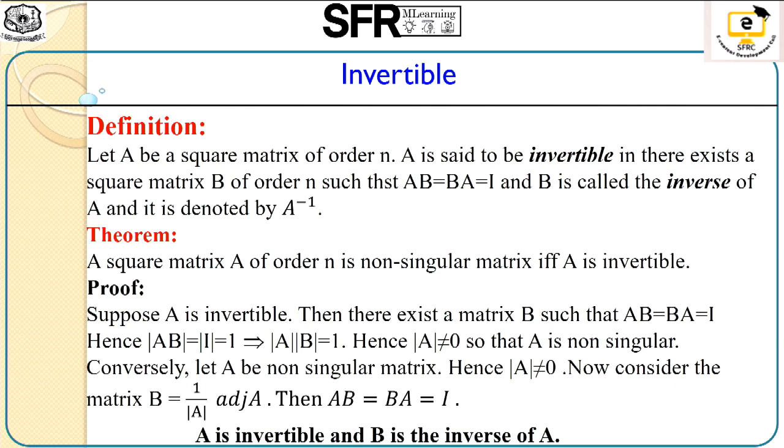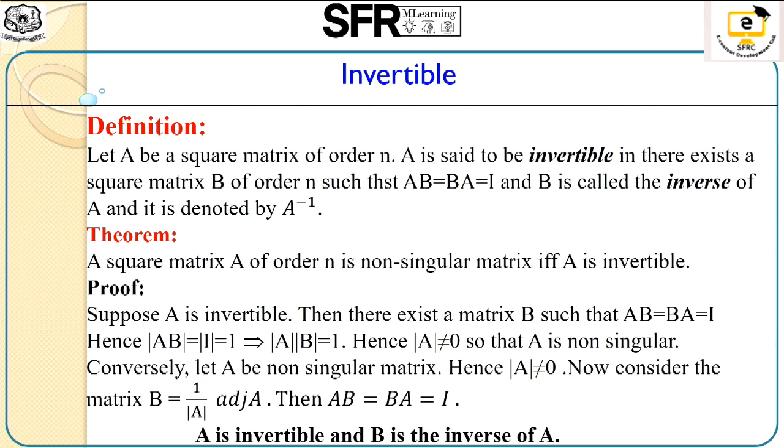I want to give one observation regarding this, that is a square matrix A of order n is non-singular if and only if A is invertible. I want to give a simple proof regarding this. Suppose A is invertible, then there exists a matrix B such that AB equal to BA equal to I. Hence I want to take the determinant.